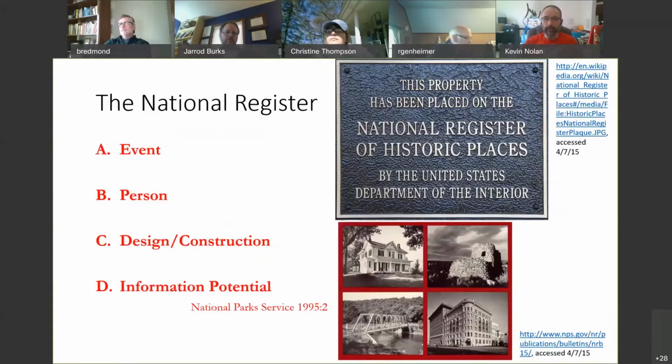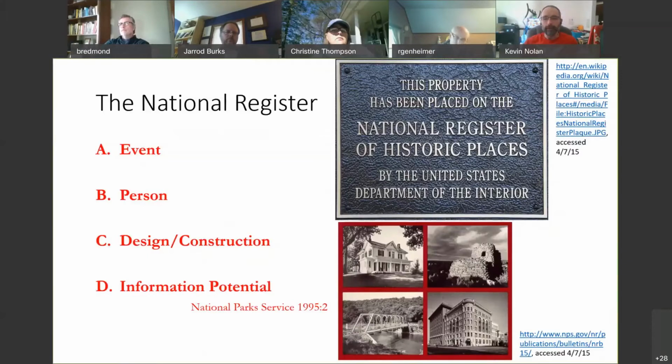In a lot of the literature on significance, people refer to criterion D as the archaeology criterion, and criterion C as the architecture criterion, though archaeology sites are eligible under C as well.